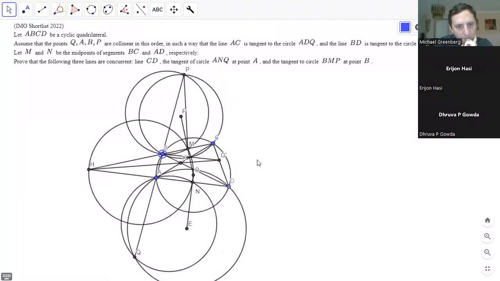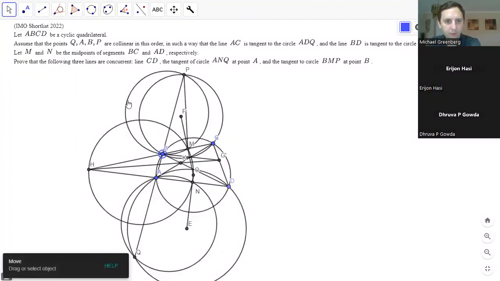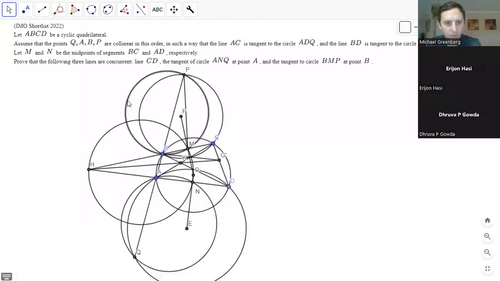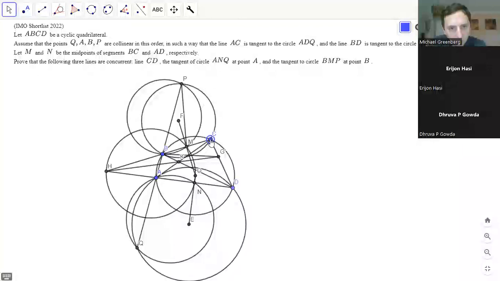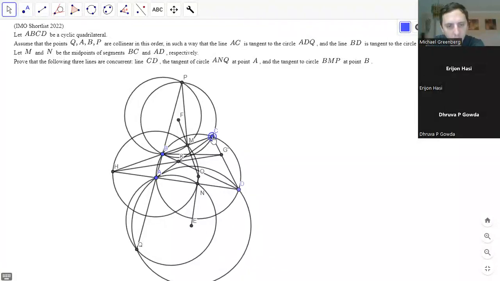So angle G prime BC. We know BD is tangent to this circle. So it's going to be DBC minus DBG prime, right? But DBC is equal to DQA.